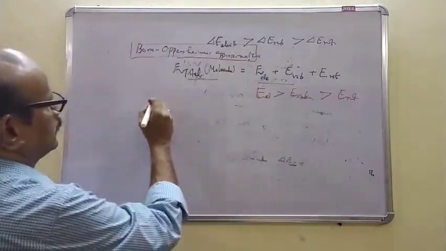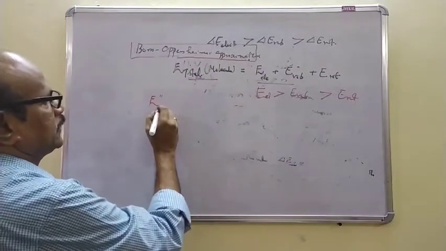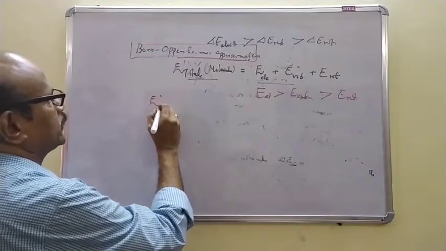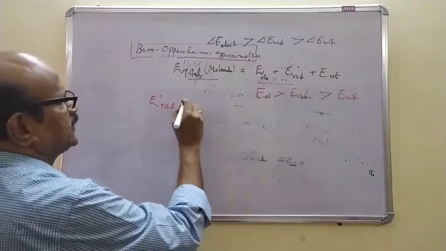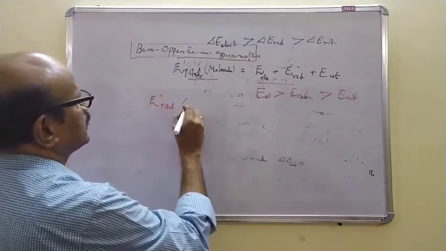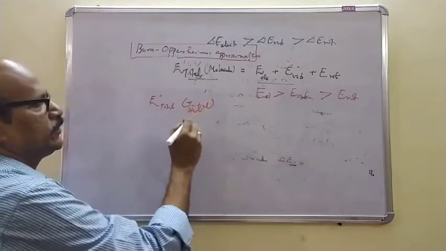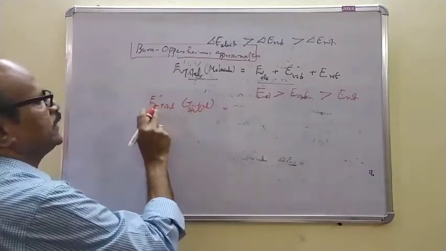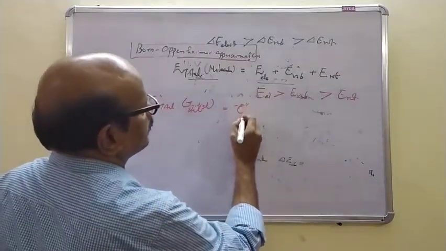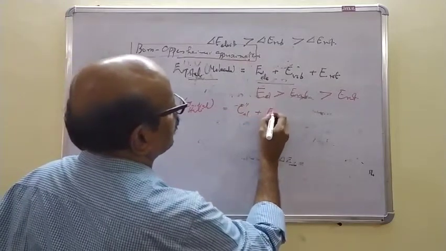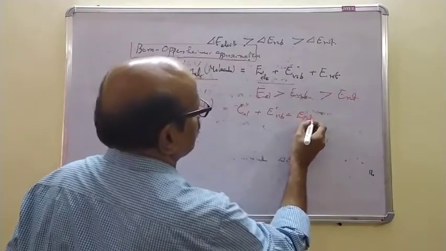Suppose E double prime is the total energy state of a molecule, the initial state or the ground state of the molecule. Then we can write E double prime total is equal to E double prime electronic plus E double prime vibrational plus E double prime rotational.